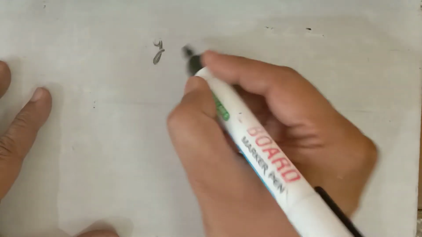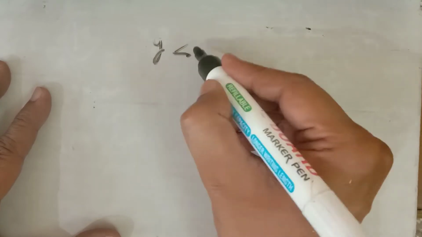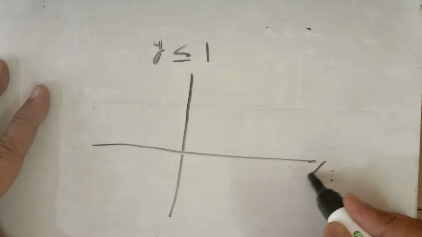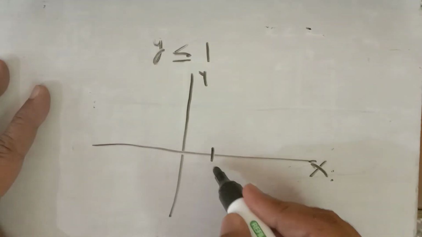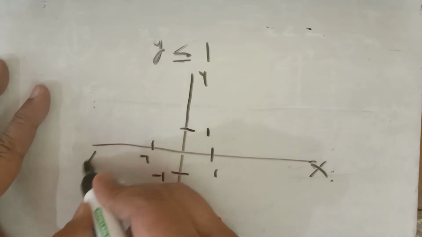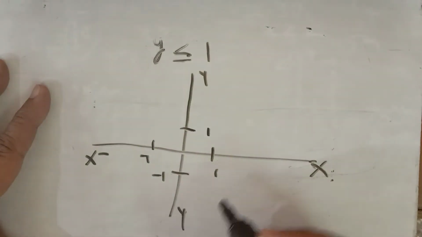Now suppose we have it in terms of y. Suppose you have to draw the graph of y less than or equal to 1. Again you draw the rectangular coordinate system, 1, 1, minus 1, minus 1. This is the negative x-axis.